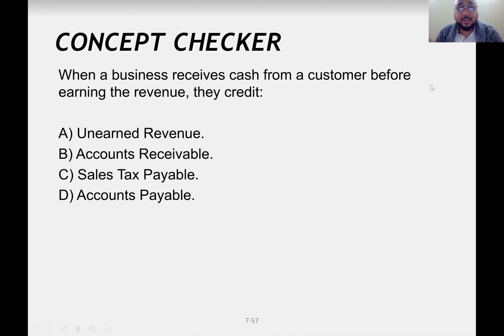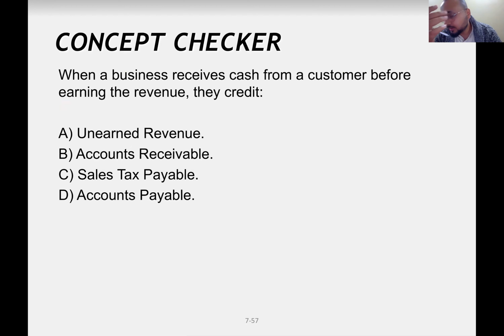If you understand that, please answer this question. When a business receives cash from a customer before earning the revenue, they credit... So basically, what we are talking about here, you receive the sales money in advance.